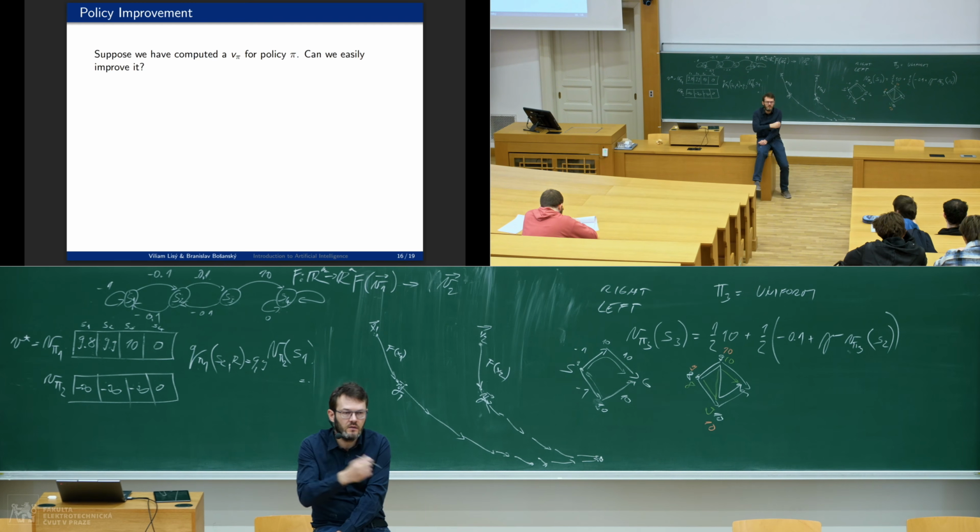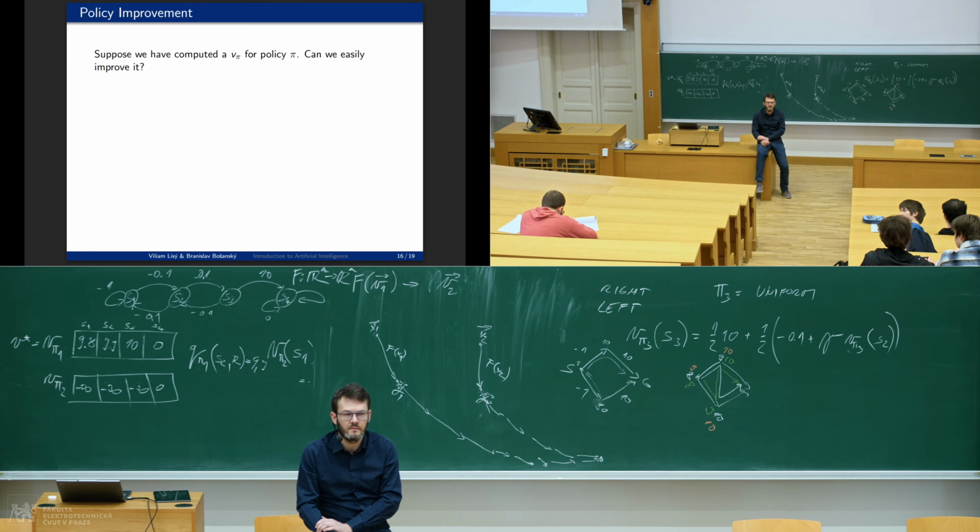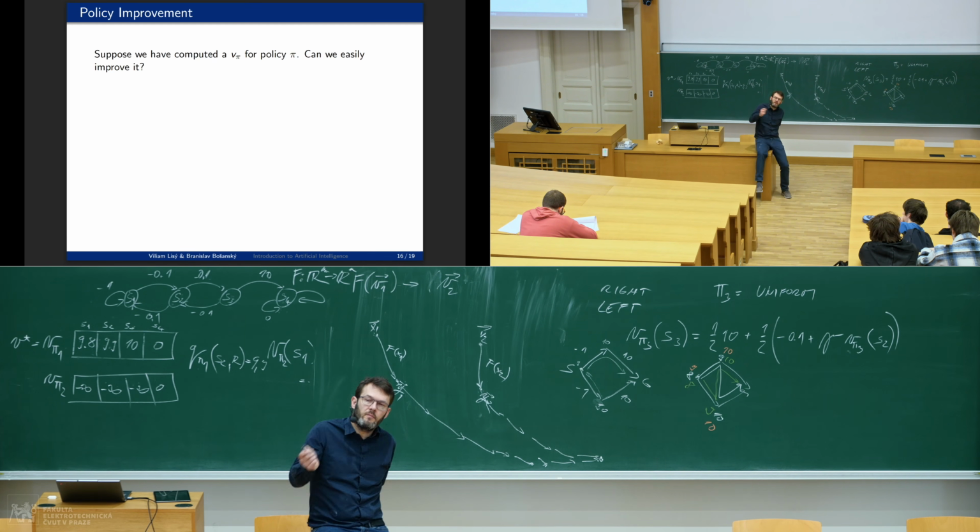Okay, but you change the policy in the MDP, right? And that's a loopy thing. You will be getting back to that state and so on. Couldn't you break the value somewhere else because of this? Yeah, if we changed it everywhere, but we can change it only in one state, right?